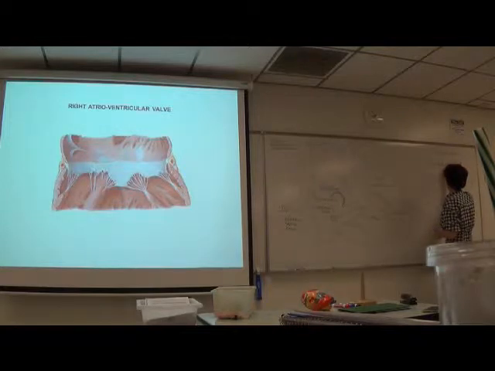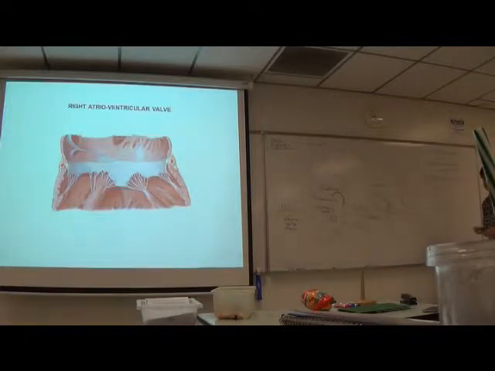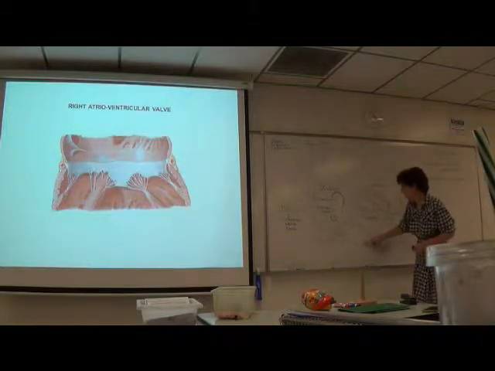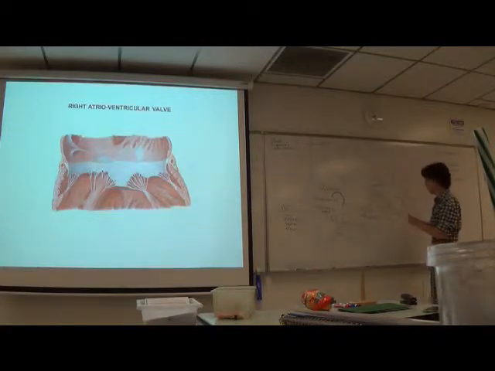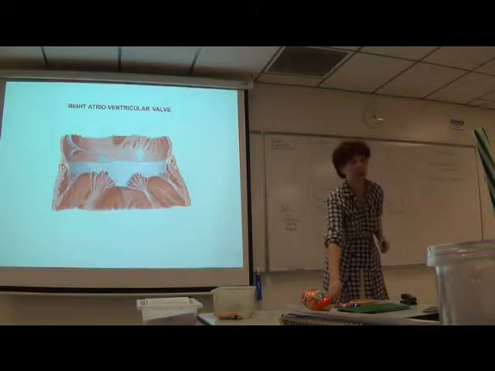And these are attached to papillary muscle, another key muscle. Somebody thought they looked like small breasts or mammary glands. So these arise out of the wall and provide attachment to the chordae tendineae.